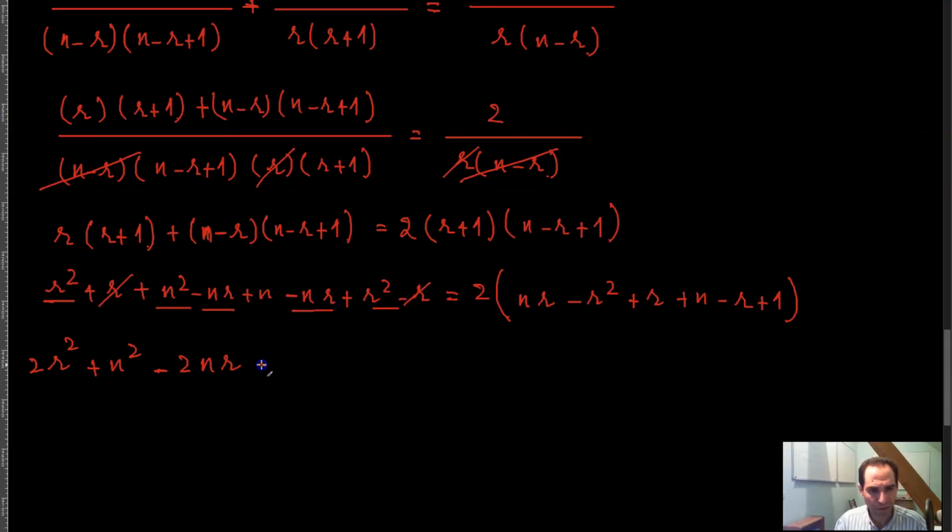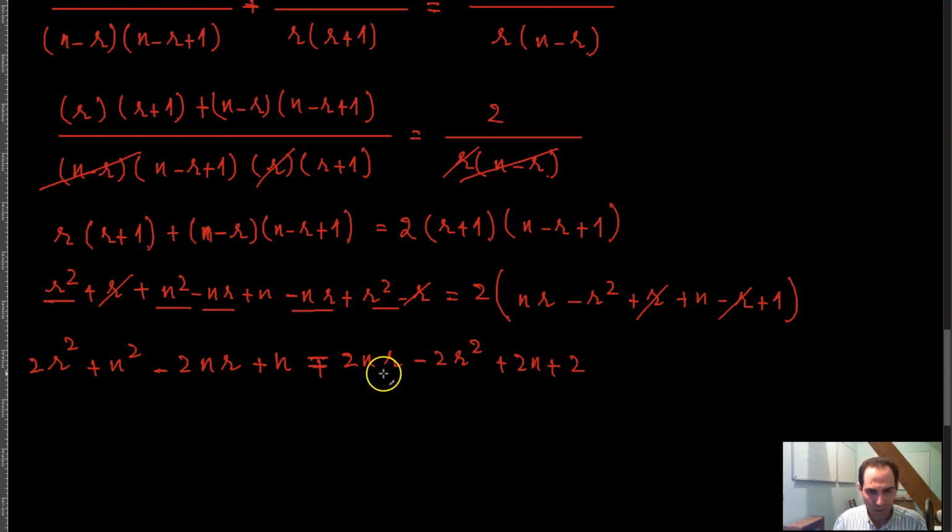And then you have an n over here, and then over here you have basically r and r you can cancel out, you have nr, so you can write this as is equal to 2 times nr minus 2 times r squared plus 2 times n plus 2, right?